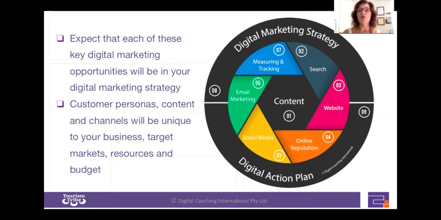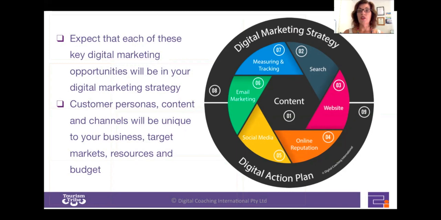And that's what then drives your success in search, on your website, your online reputation, social media, email marketing, and of course, measuring and tracking is very important across all of these things. All of this gets wrapped up into a digital marketing strategy, and a digital action plan pops out of that.